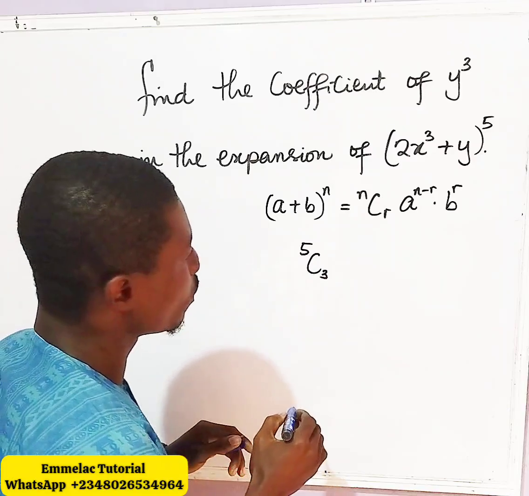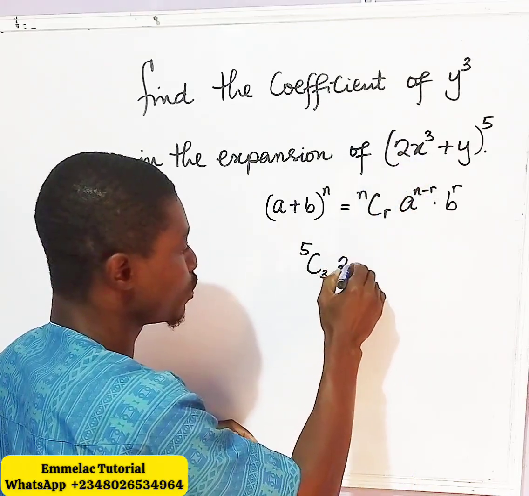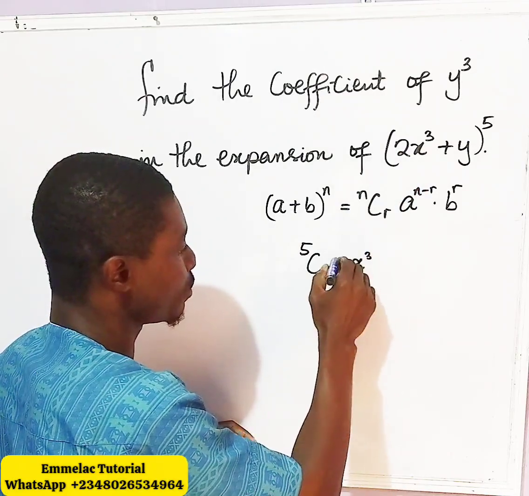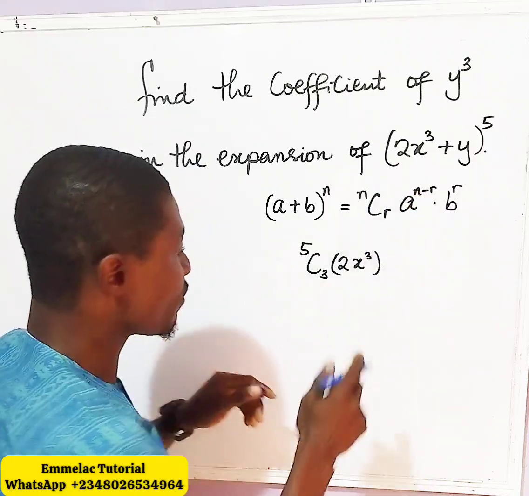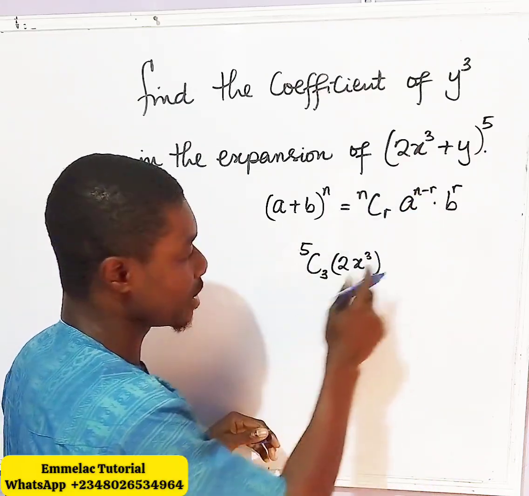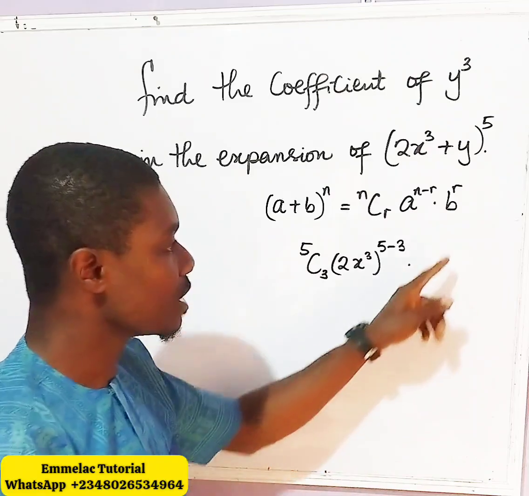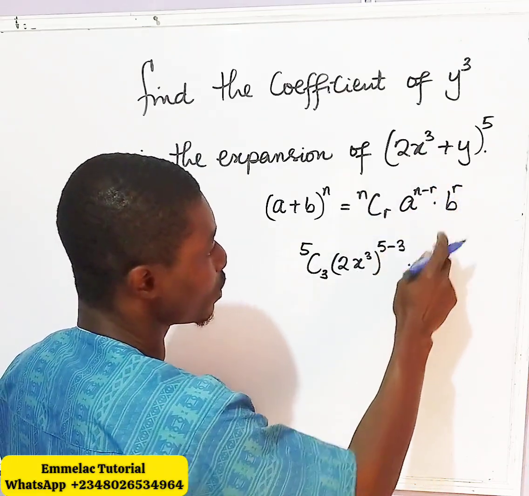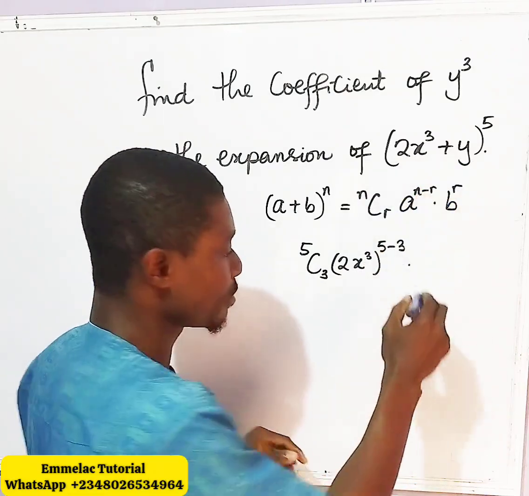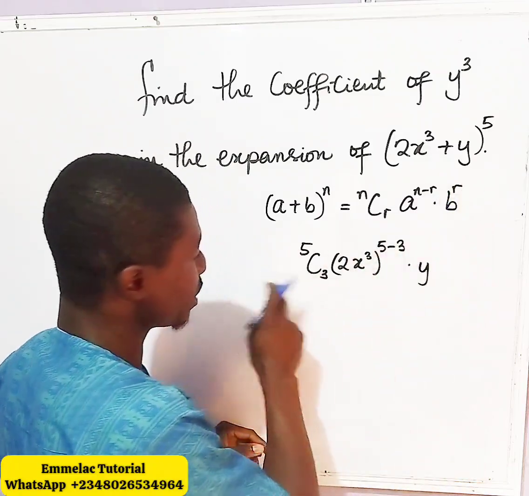Our a here is 2x cubed, so that will be (2x cubed) raised to n minus r, that will be 5 minus 3, then times b, which here is y, raised to r, which is 3.